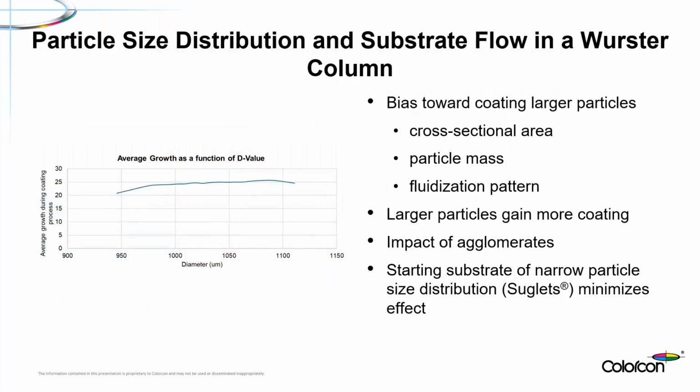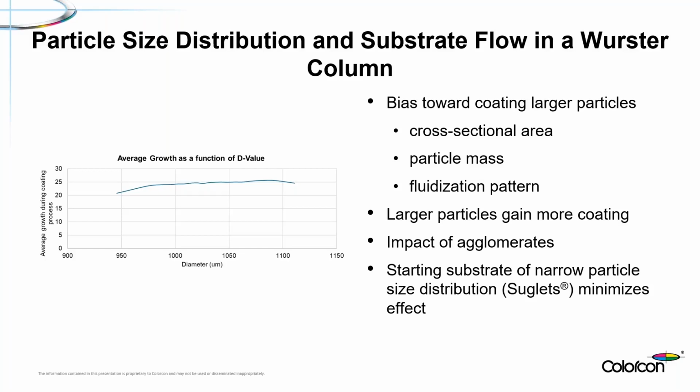Now, as part of the study, we did notice a slight bias in growth of larger particles when the particle diameter was plotted against average growth during the coating process, as seen here in the graph to the left. This bias occurs for several reasons related to substrate flow, specifically in the up-bed direction. Those reasons can include that particles with a larger cross-sectional area will absorb more coating when traveling through the up-bed region of the spray zone.